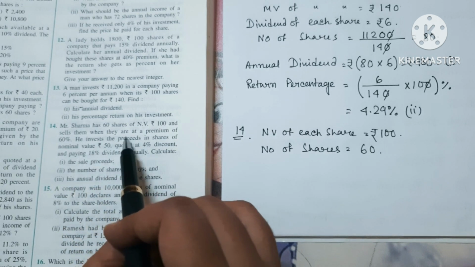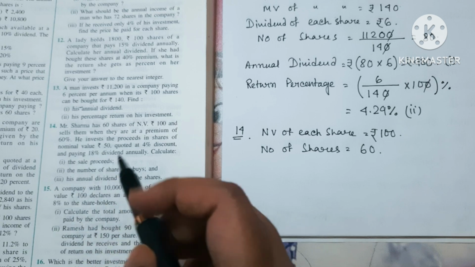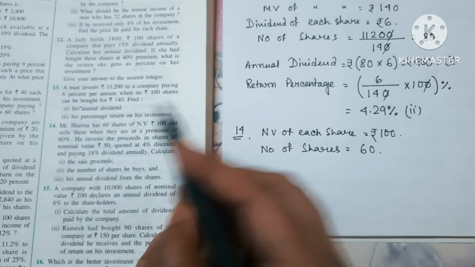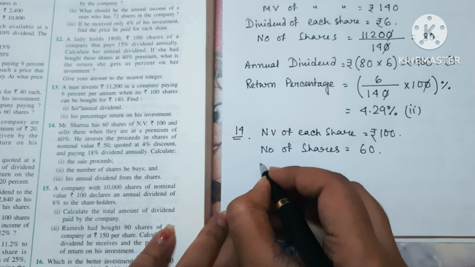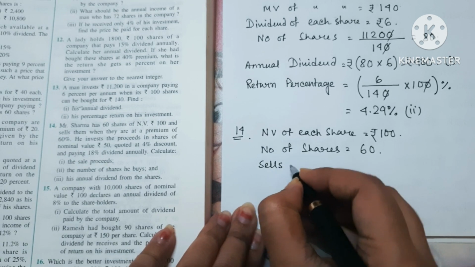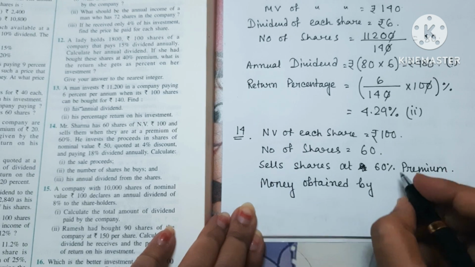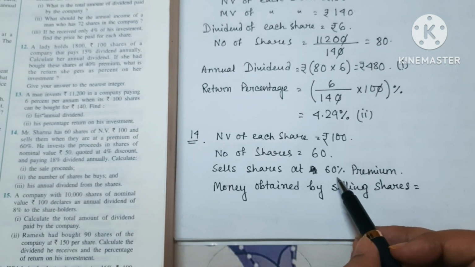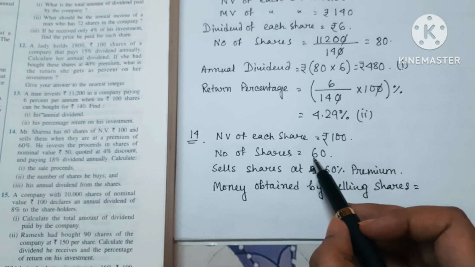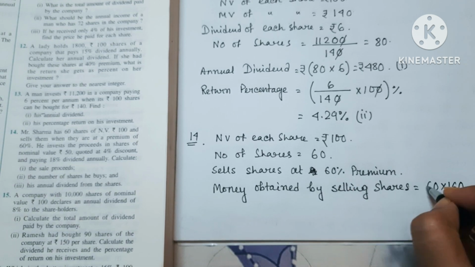He sells them when they are at a premium of 60%. So the money obtained by selling: 60% premium means 160 rupees, and the number of shares is 60, so obviously 60 into 160.